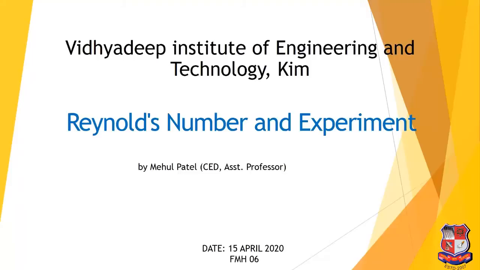Reynolds number is the ratio of inertia forces and viscous forces. Reynolds number is also useful in incompressible flow, flow through pipes, flow through turbo machines, etc. So let's get started.